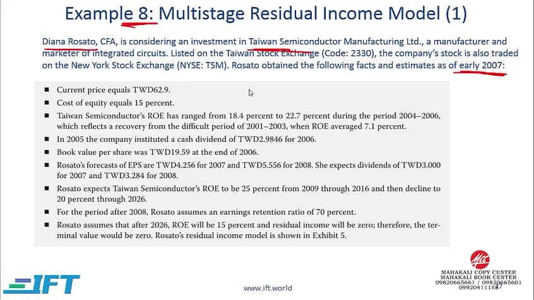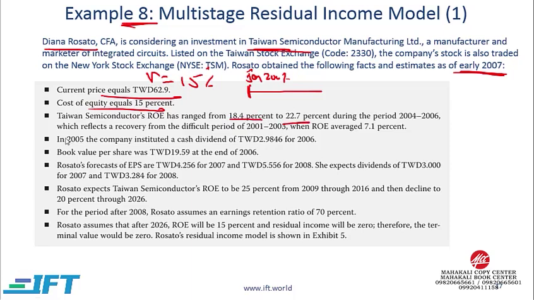So you are here in, let's say, Jan 2007. You have the current stock price, the cost of equity is given. So the R is 15%, that's given. You are also told that the ROE has ranged between these two numbers.